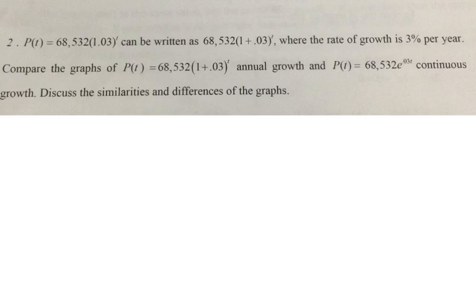Because they have the same a value, times e raised to the r t. So I expect this one to be higher as time goes on because that's where I get more money from.